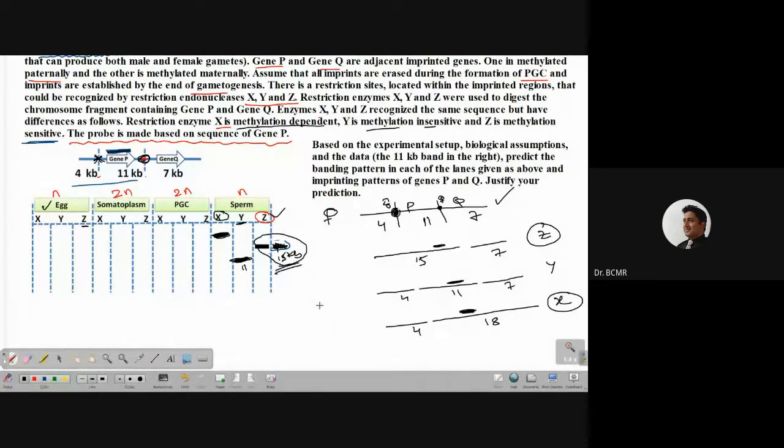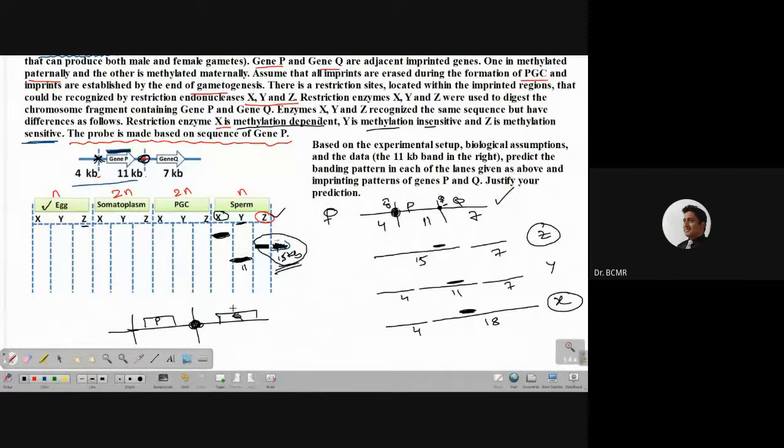In the egg, let's see. In the egg, maternally imprinted, we are saying this one. So we should have had methylation here, and this should remain unmethylated, PQ.